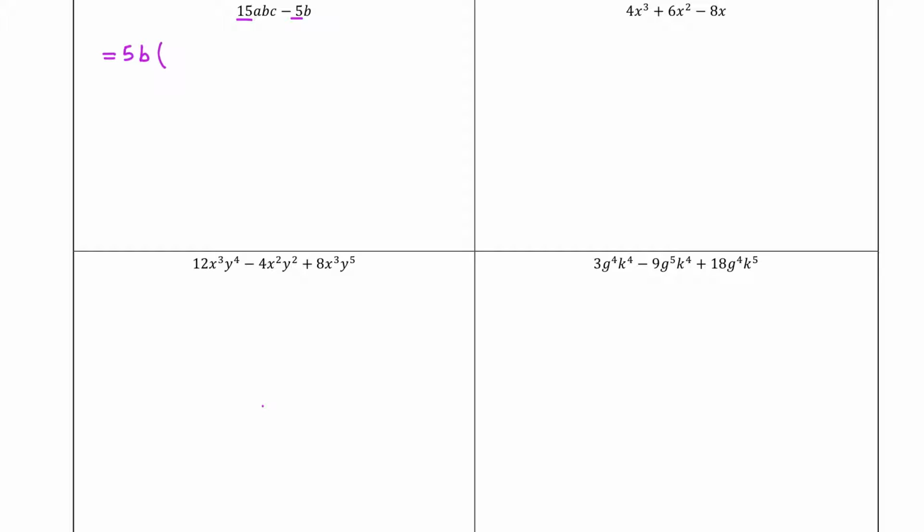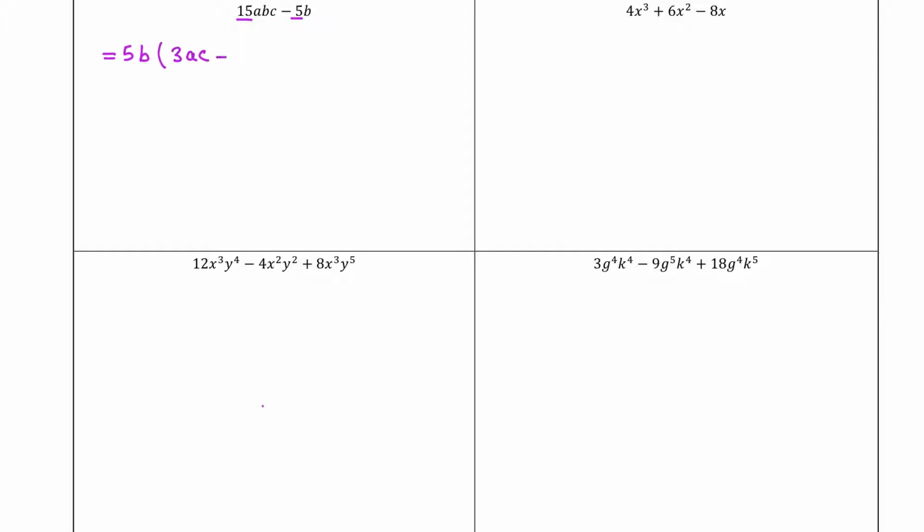Now 15abc over 5b, 15 divided by 5 is 3. A is not being divided by any a variable, so I keep it. B divided by b is 1, so it cancels out. And c divided by 1 is c, so I'll keep it here.